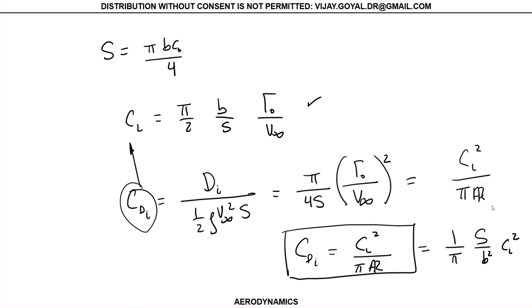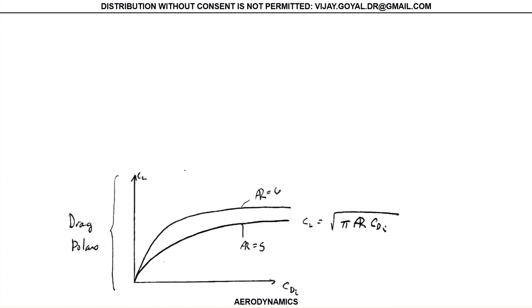Also another small variation of that. Okay. So from here, you have CDi is equal to CL squared over pi AR. And note something very interesting, right?